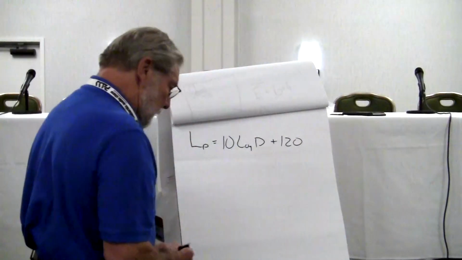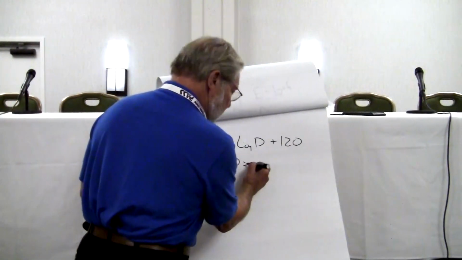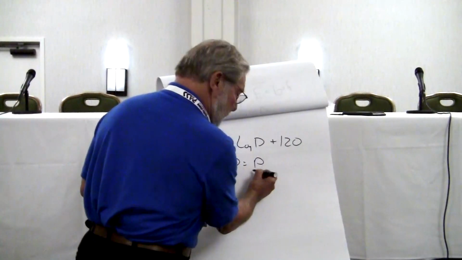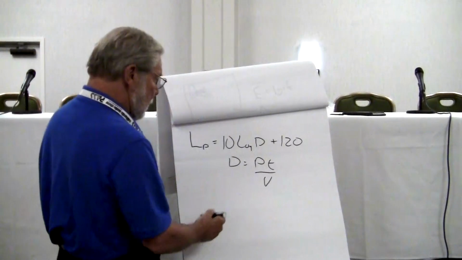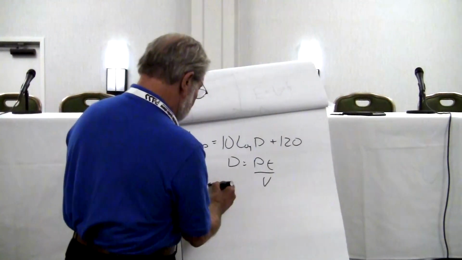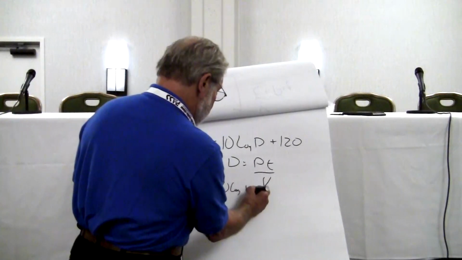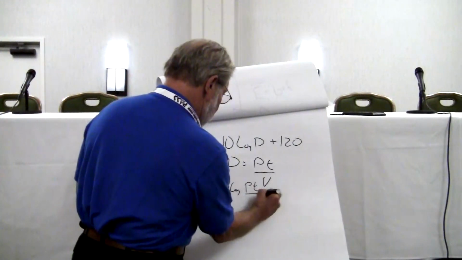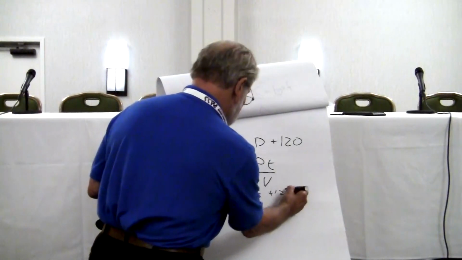Okay, so we know that D is equal to the sound power times the time divided by the volume of the room. And if we put that into the formula, we have 10 log PT over V, plus 120.